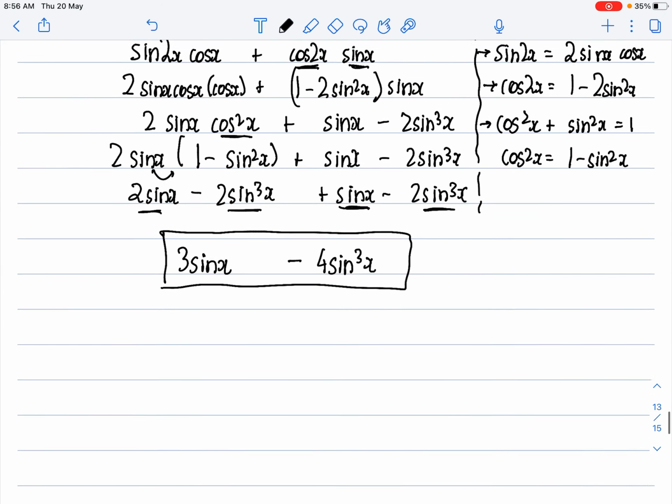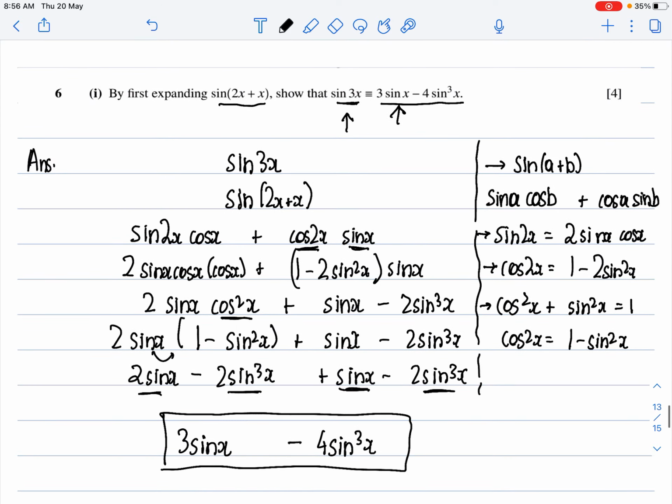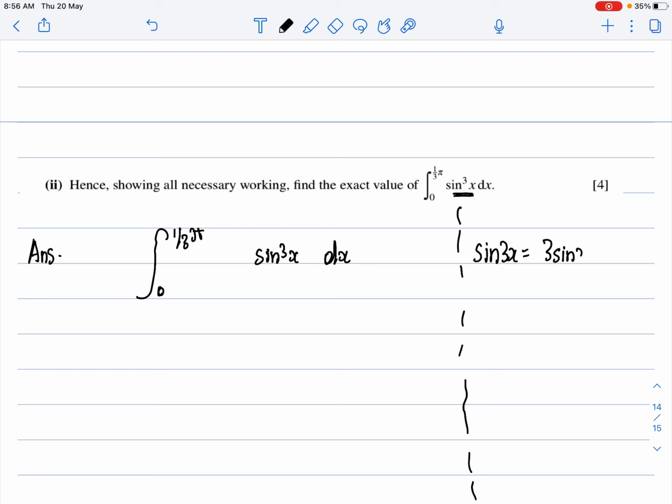So from the above question, I know sine 3x, okay, is equal to 3 sine x minus 4 sine cube x. If you see here, I need a sine cube x, I have a sine cube x here.